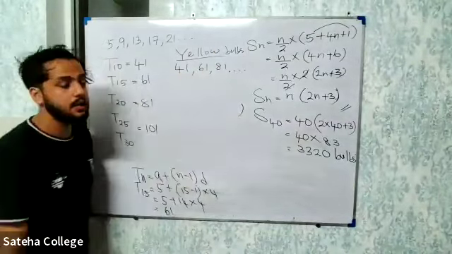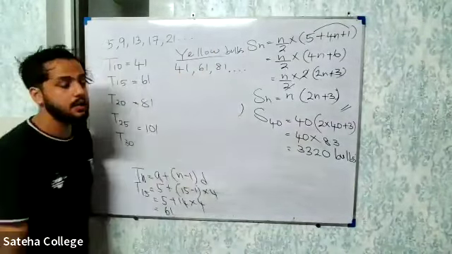Now we know the first and the last term. Now what we can do, apply the Sn equation. Right? Now you know Sn is equal to, how many? 1, 2, 3, 4, 5, 6, 7 terms. S7 is equal to 7 divided by 2 into A plus L. Your first term is 41, your last term is 161.